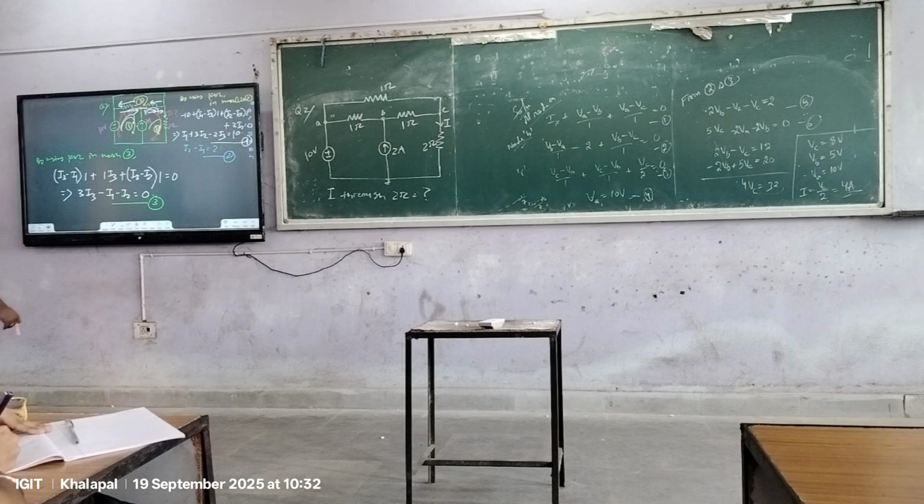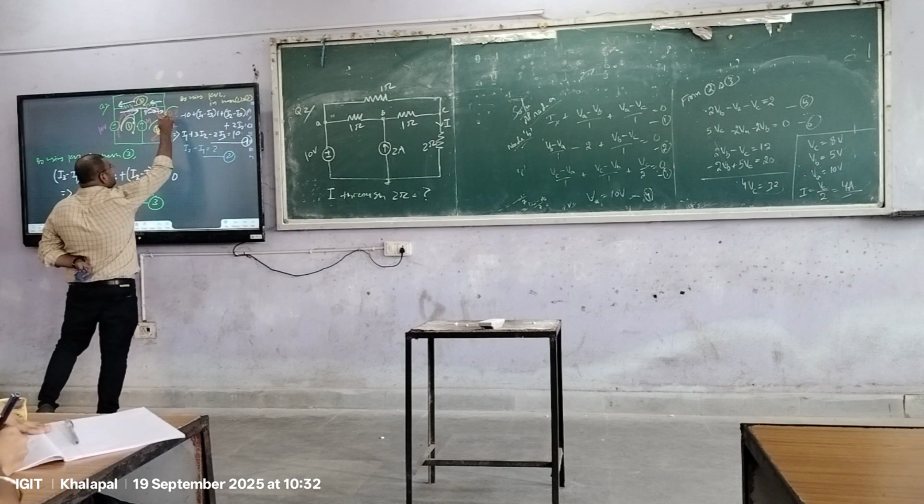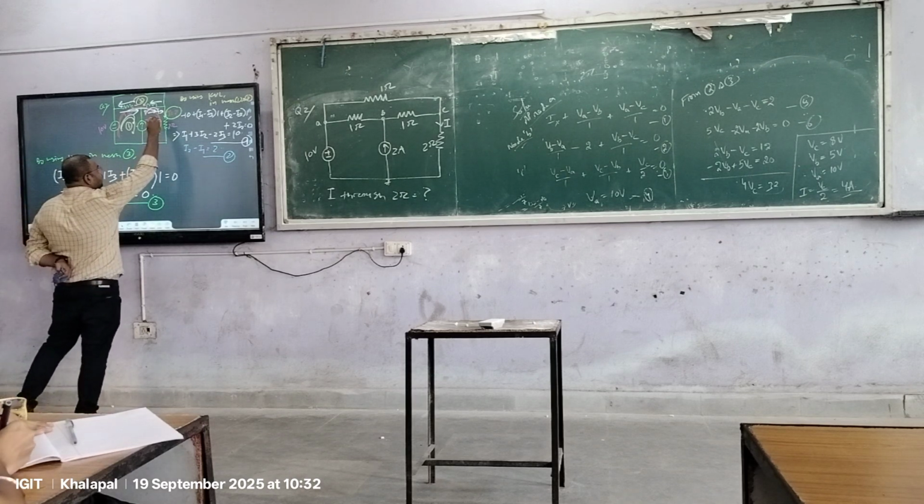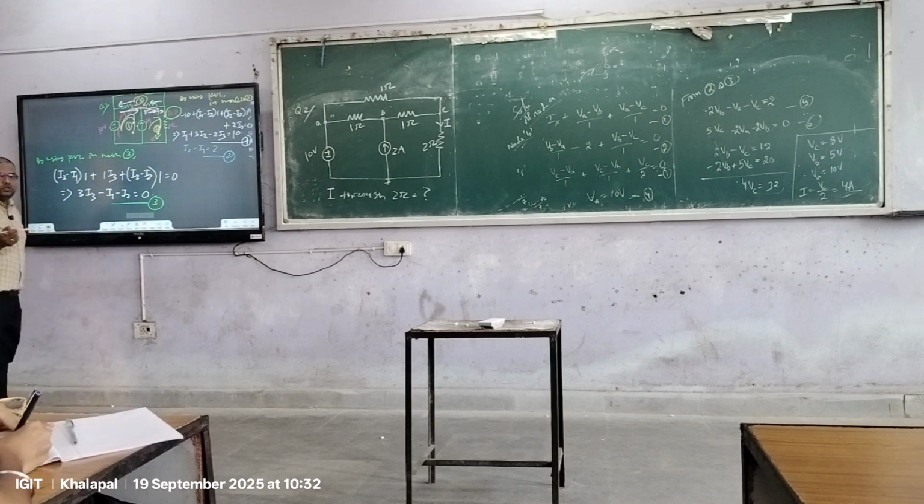The question asks us to find the current flowing through this 2 ohm. What is the current flowing through the 2 ohm? Very good, I2. If you find the value of I2, the question will be solved. Very good, 4 ampere.